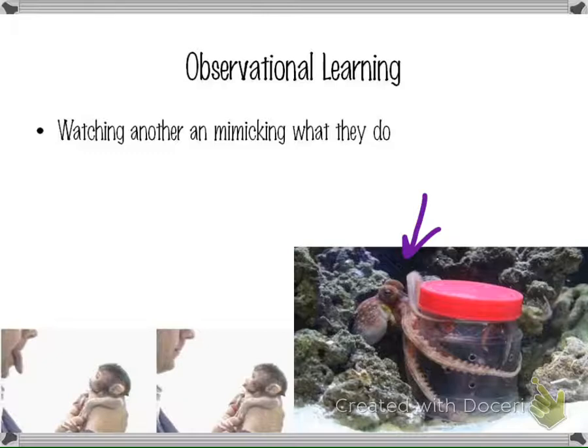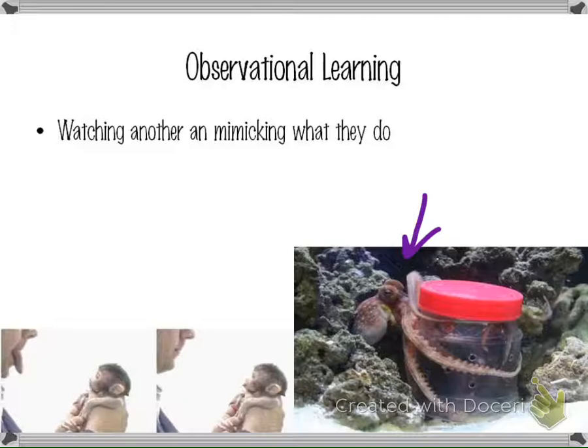But if you take one of the ones that can't and put it in a tank next to one of the ones that can, it can watch the other octopus, and it will be able to unscrew the lid and get the food out as well.